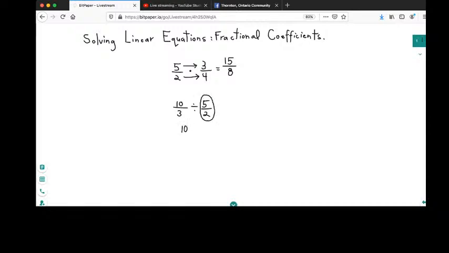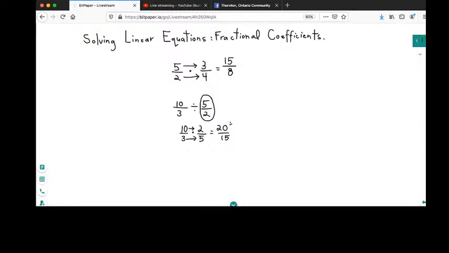So we go 10 over 3 times 2 over 5. And we multiply the numerators by the numerators and the denominators by the denominators. So we get 20 over 15. And then we can reduce this by asking ourselves, is there a number that goes both into the numerator and into the denominator? And in this case, we can reduce this by 5.